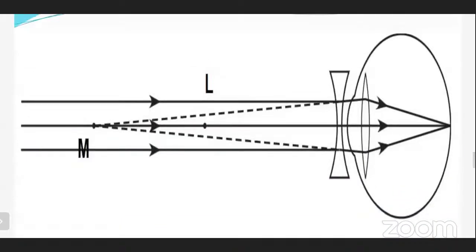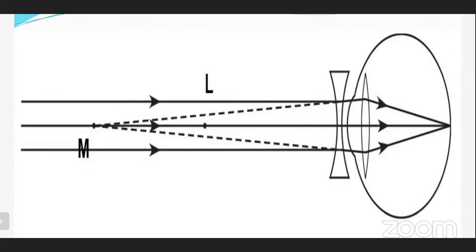Now, can you say which lens it is? Biconcave lens. What happened here? When we put the concave lens in front of our eye, the image formed on the retina. For the biconcave lens, the image has expanded.